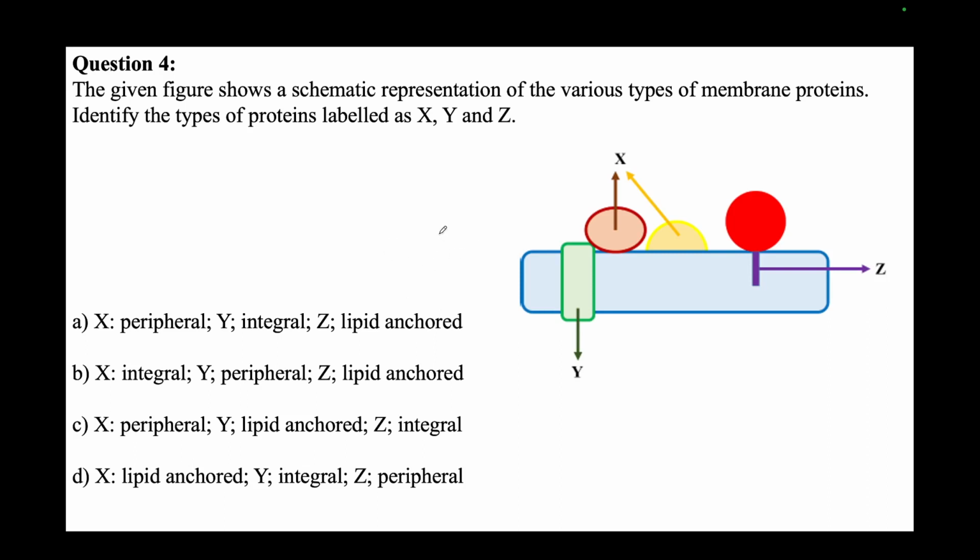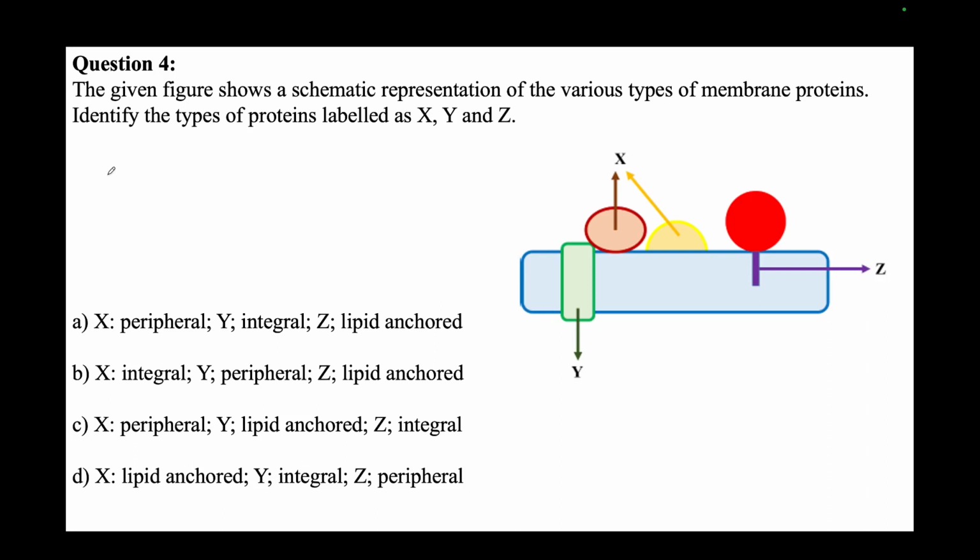This is very simple. So anybody can answer this. You see where the protein is, whether it is integrated in the membrane or it is on the periphery of the membrane. So you understand the terms periphery and integral, right? Based on that you can easily see which structure represents what. Anybody? What would be the answer for this?